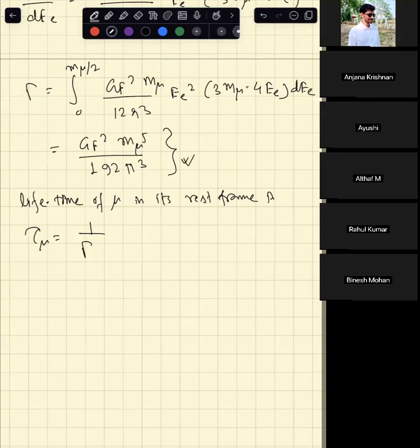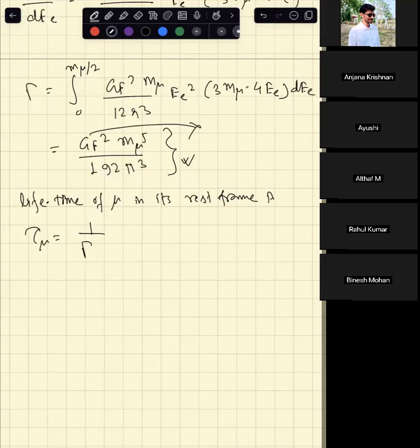So that we'll see. And not only that, one of the important things we can do, which is called matching, is very important in quantum field theory and particle physics. This is a low energy theory. The 4-Fermi theory is a low energy theory, and if we can experimentally measure the muon mass and the decay width of the muon, then we can calculate the value of G_F, right?